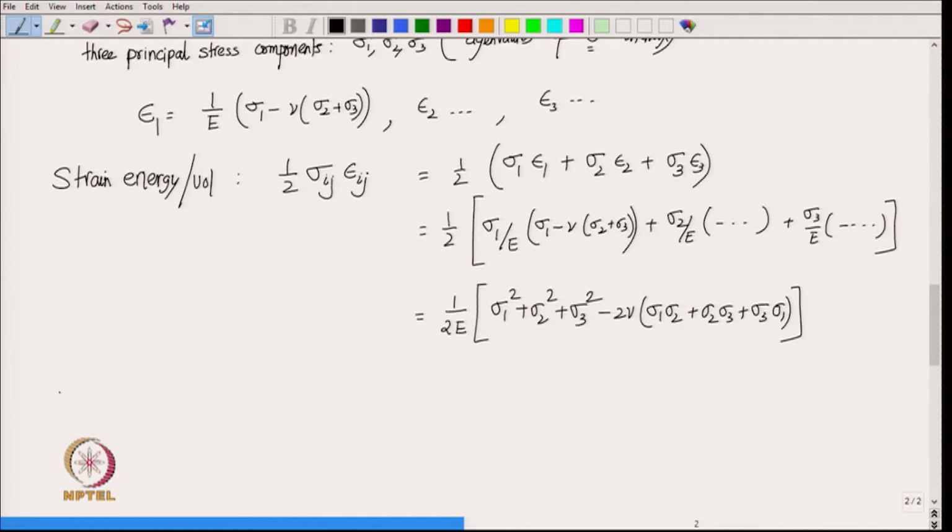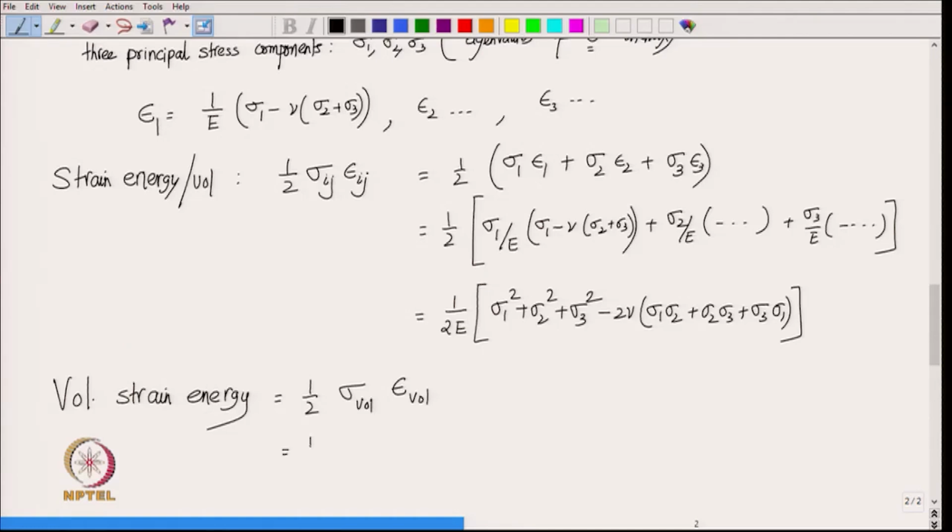So, the volumetric energy, or we call it volumetric strain energy, which is responsible for change in volume, that is simply half of sigma volumetric into strain volumetric, okay.